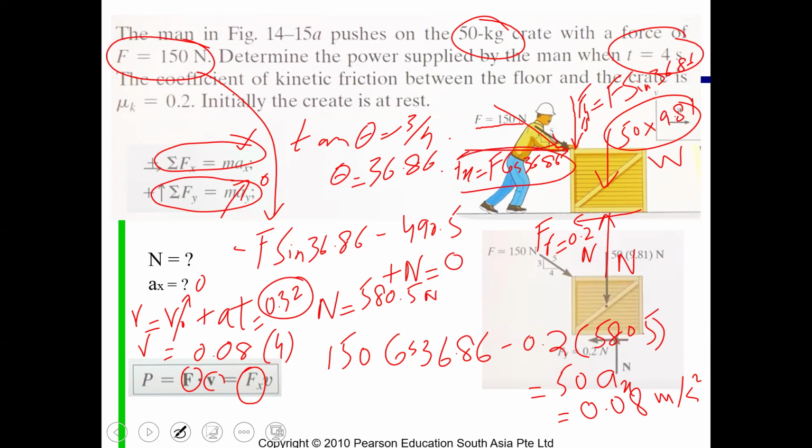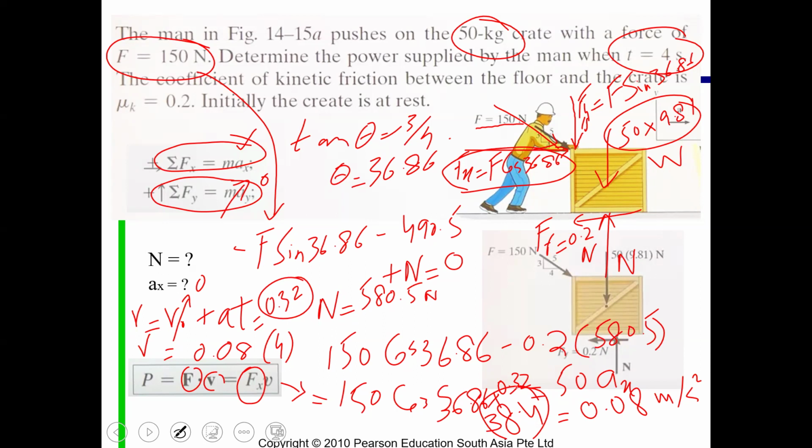If you multiply this force component with the velocity, how much would be the power? 150 into cos 36.86, multiplied by 0.32, which is 38.4 watts. This is the power involved in this whole problem.